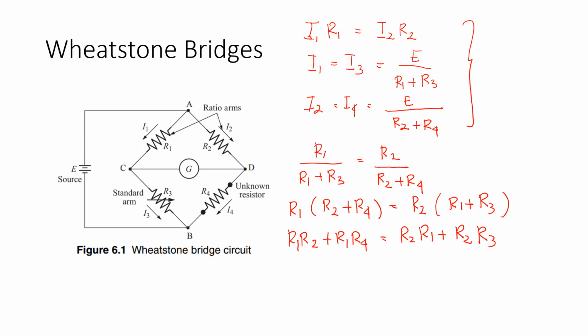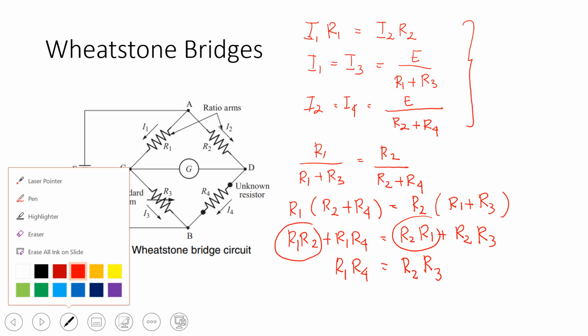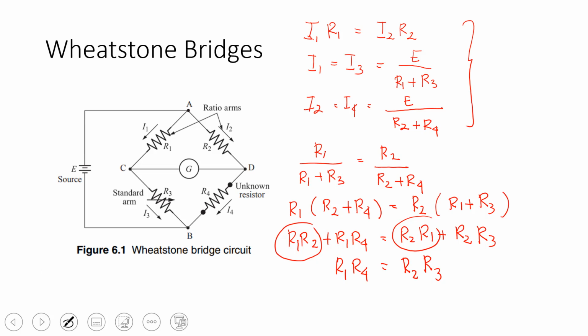Because R1 R2 is similar to R2 R1, we can write that R1 R4 is equal to R2 R3. So the unknown element is R4.